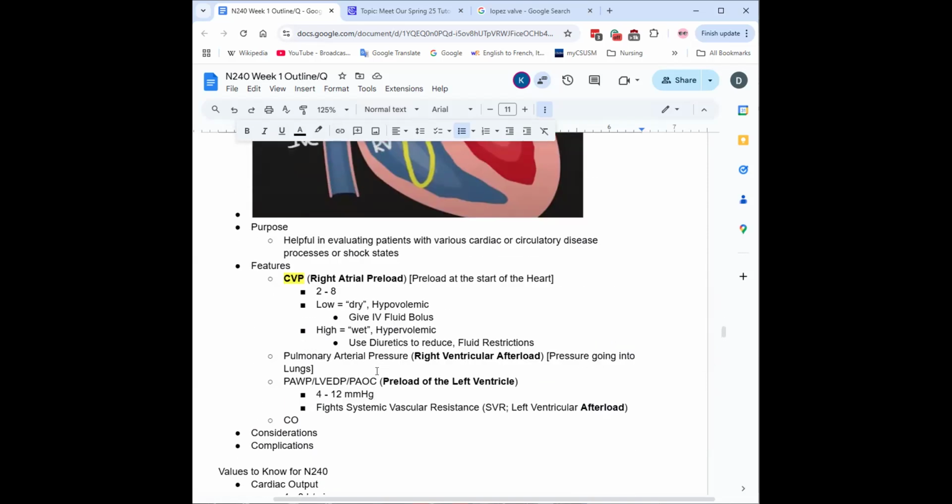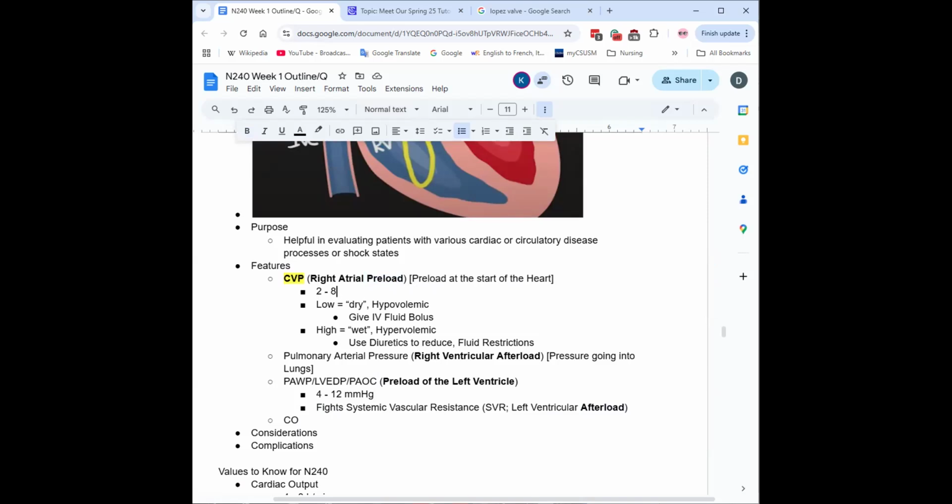For example, you might not want to give vasodilators because it takes away some of their preload, and they need the preload to function. It gets a little complicated, but I think once you get through week 3, it'll make more sense. For now, these are general.